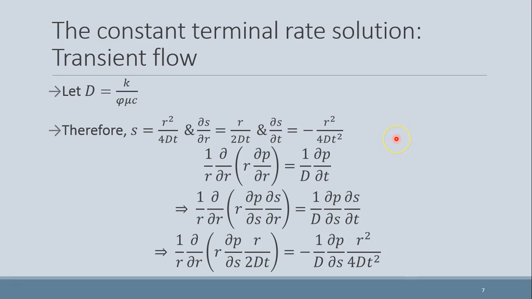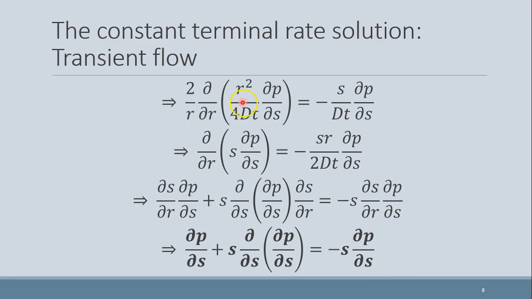Now we will substitute these values in the diffusivity equation. del P by del r can be written as del P by del s into del s by del r, and del P by del t can be written as del P by del s into del s by del t. Del s by del r is r by 2 D t, and del s by del t is minus r square by 4 D t square.